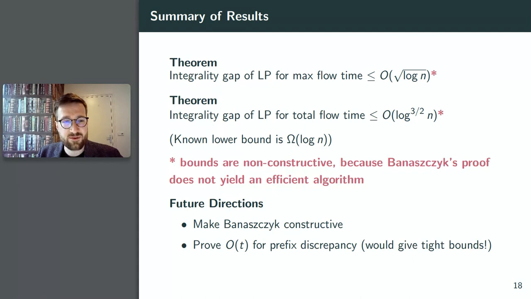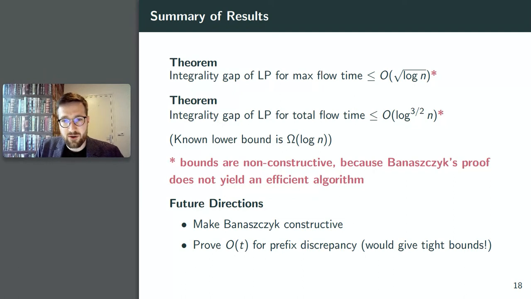I'm saying integrality gap because what I didn't say before is that our results are not constructive. The ingenious proof by Bansal and Spencer does not lead to an efficient algorithm, unfortunately. So so far we cannot get a true approximation algorithm out of it.